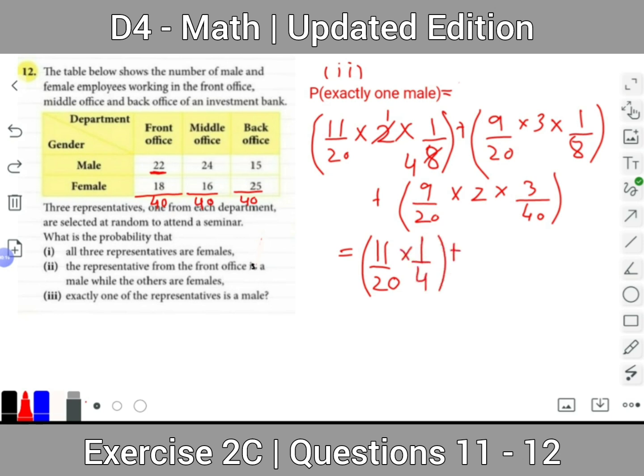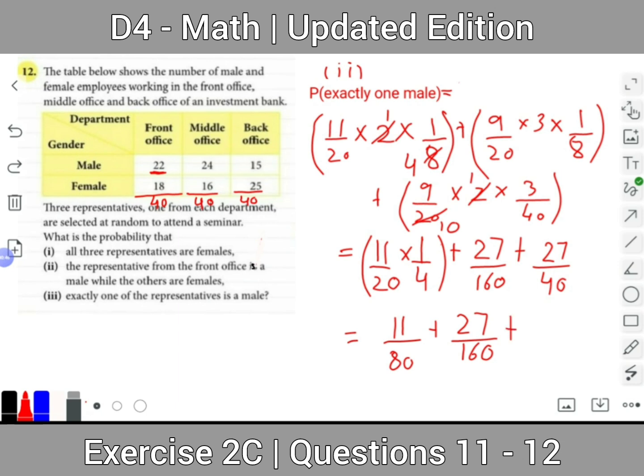plus 27 over 160 plus, here we have further simplifications. So now we have 27 over 40, and here we have 11 over 80 plus 27 over 160 plus 27 over 40.